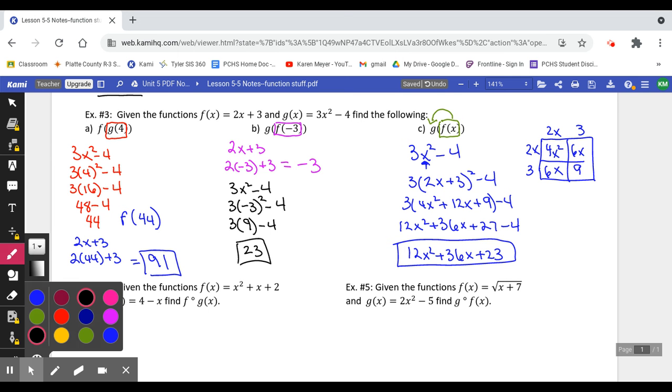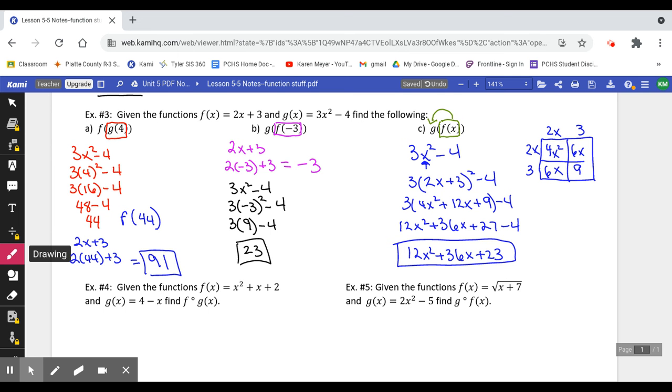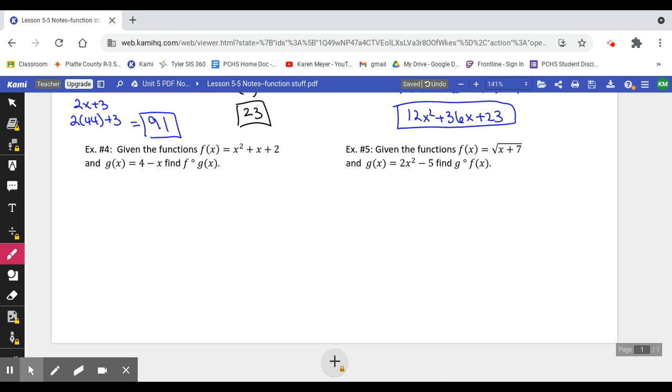All right, let's keep trying this same thing. I'm going to give you some new functions here. Remember, start with the one on the inside. We're going to take g and plug it into f. Notice the f function has 2 x's, so you plug it in both spots. We think of the problem as 4 minus x quantity squared plus 4 minus x plus 2.